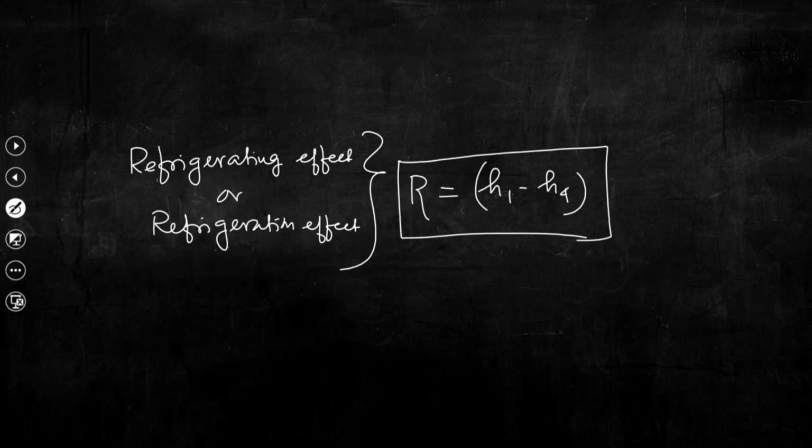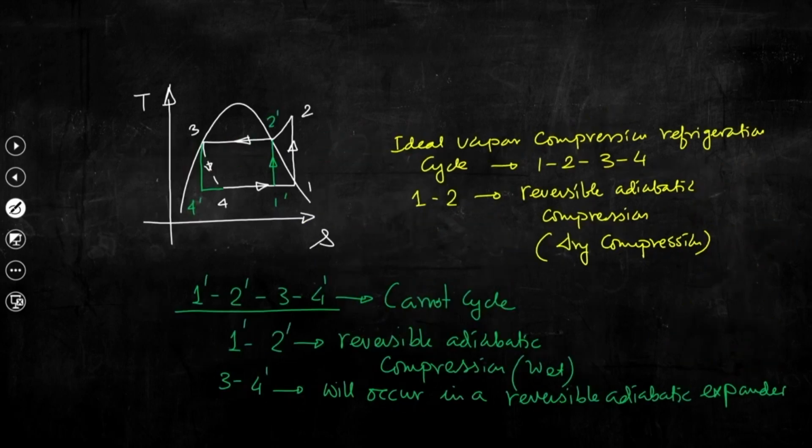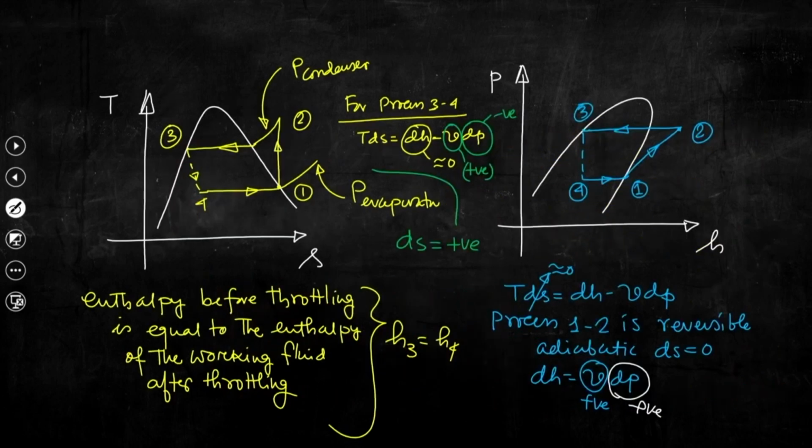Now, let me tell you one thing, we shall be solving one numerical problem from this topic as well, but if we go back to this TS diagram, we can see that state point 4, that is at the exit of the throttle valve or at the inlet to the evaporator, is a two phase mixture.